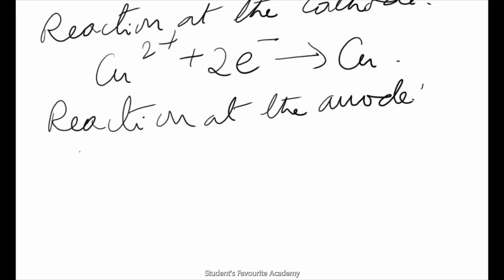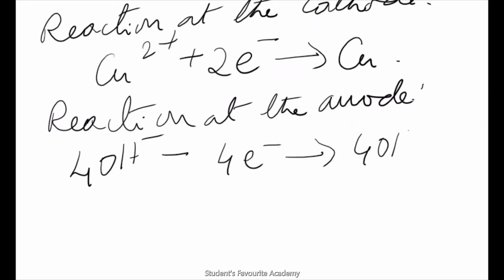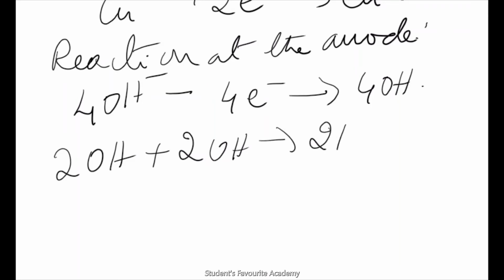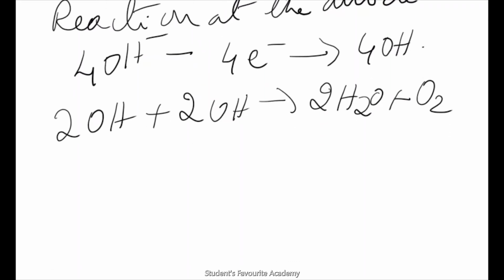Okay, so 4 OH minus lose 4 electrons, 1 electron each, and form neutral 4 OH. Then these 4 OH combine, forming 2 molecules of water and oxygen gas. So the product at the anode is oxygen and the product at the cathode is copper.